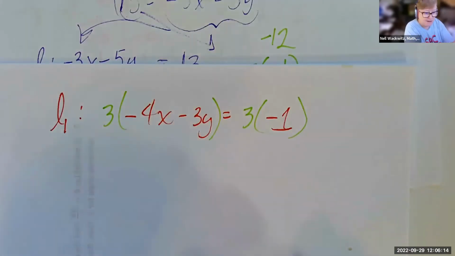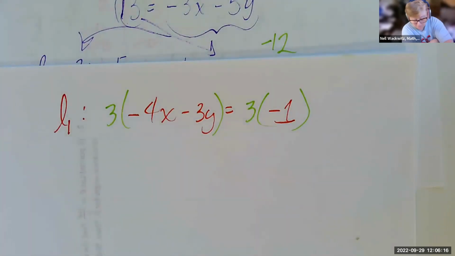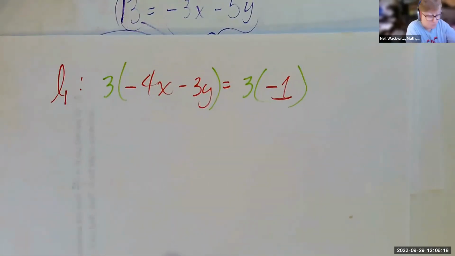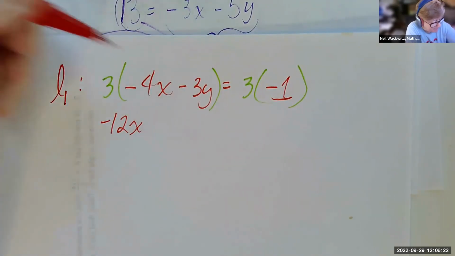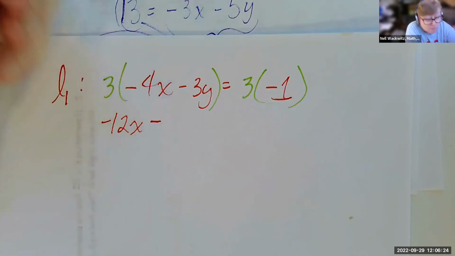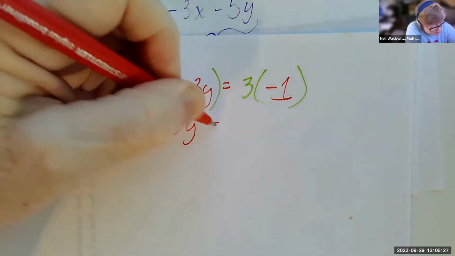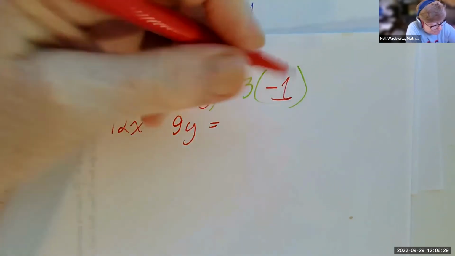Alrighty, -4x times 3 is -12x. 3 times -3y is -9y, equals -3.